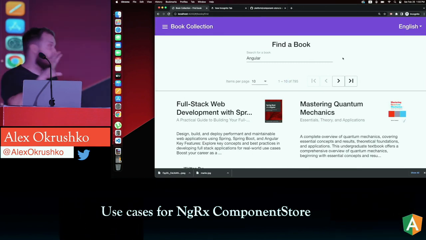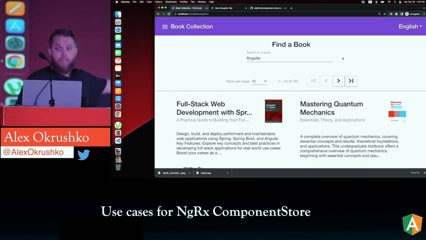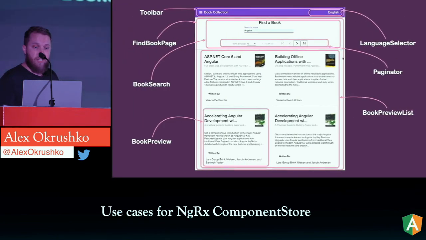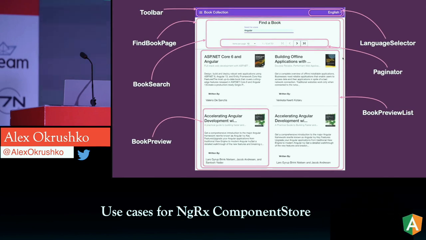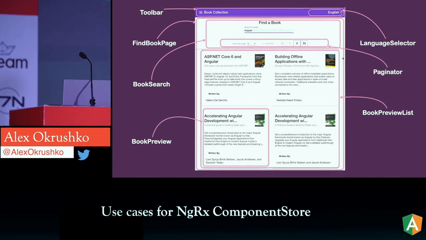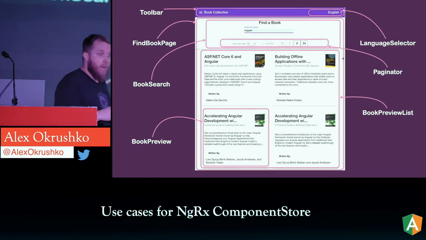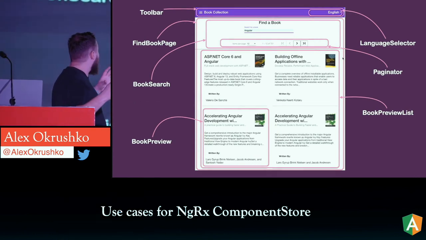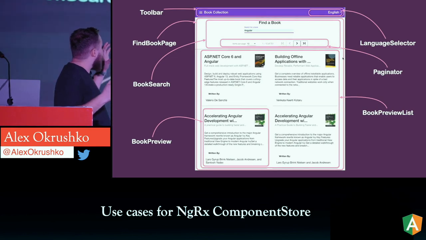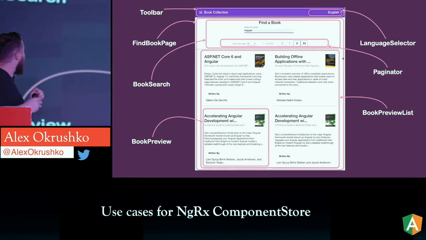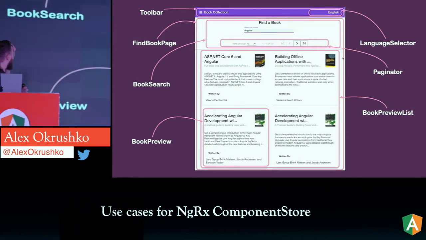All right, so let's break down this page a little bit further. Here you go, this is basically how the page looks. We'll break it down into the components that are part of this page. The overall page has 2 major components. First is a toolbar.